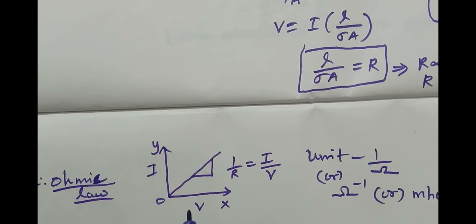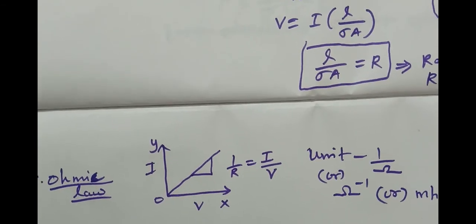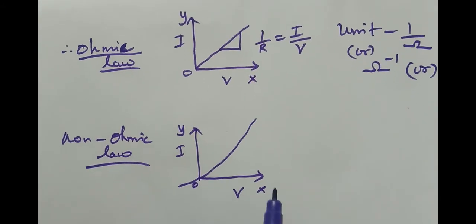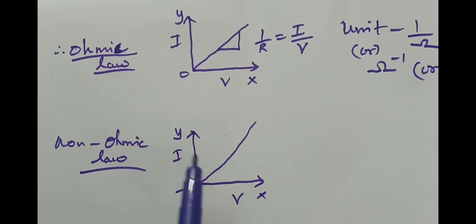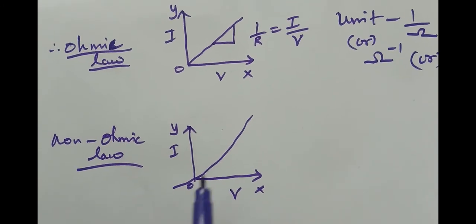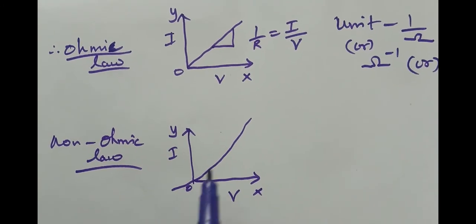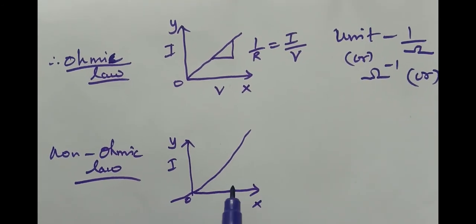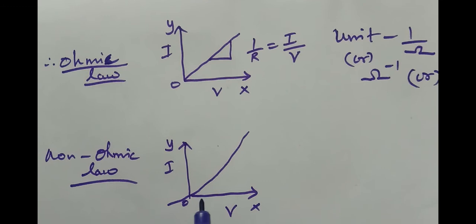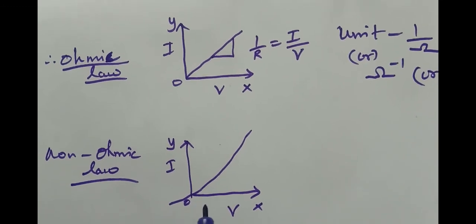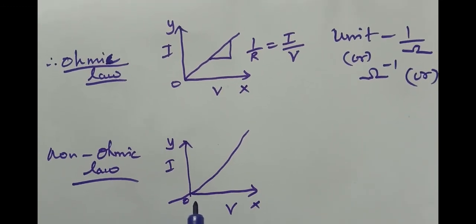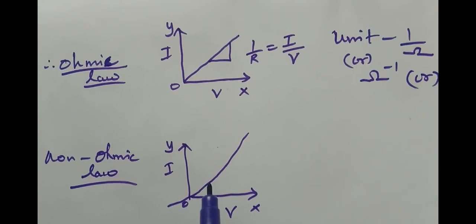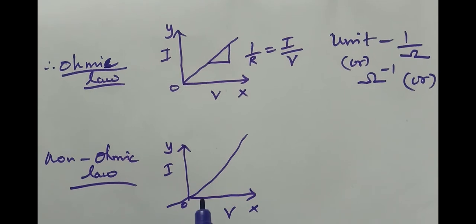And one more graph is given. The same thing, voltage along the x-axis, current along the y-axis, but the current is different with the applied voltage. This is called a non-ohmic material. Now listen, students: materials or devices that do not follow Ohm's law are said to be non-ohmic.